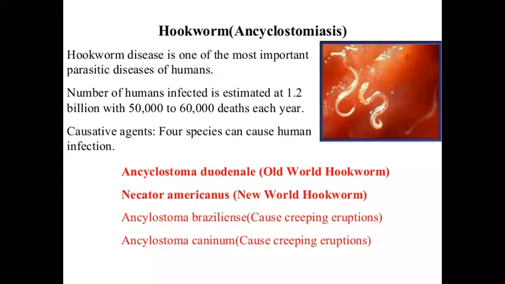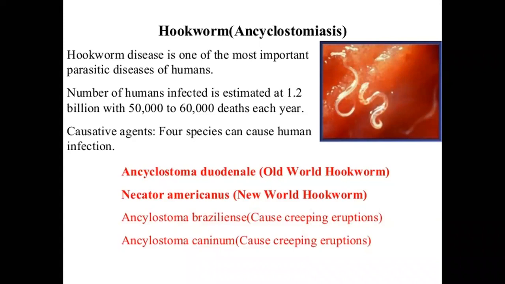Now, what is hookworm disease? Hookworm disease is one of the most important parasitic diseases of humans. The number of humans infected is estimated at 1.2 billion, with 50,000 to 60,000 deaths each year.